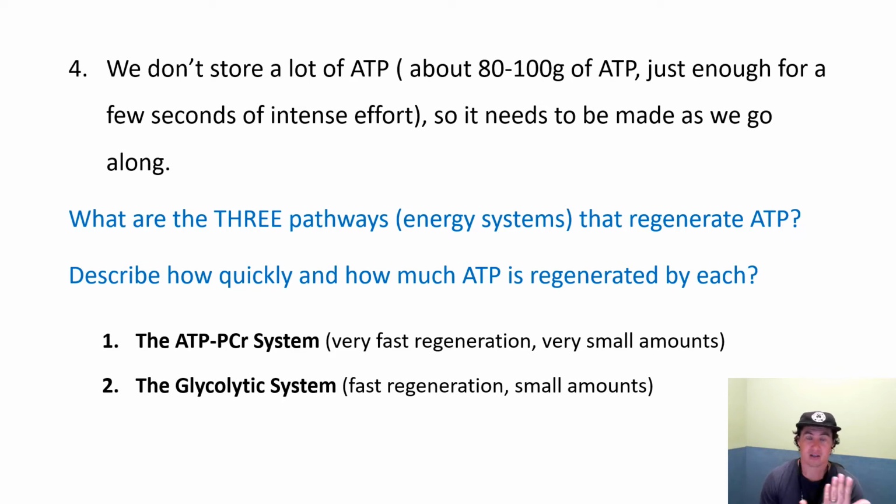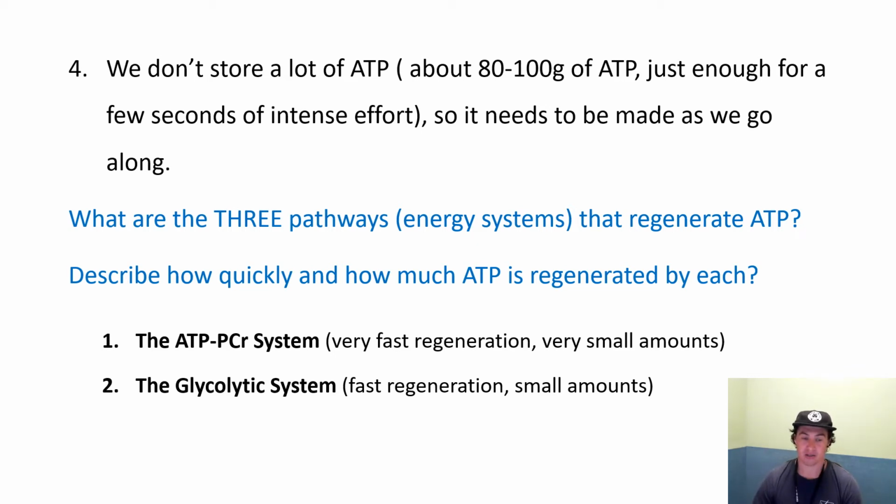The second step, so this is a system that's happening in the background all of the time, but during intense bouts of exercise, this will be the predominant energy source for the next 90 seconds. So it's our glycolytic system. It's an anaerobic pathway, just like step 1, where we don't require oxygen. It's the really quick regeneration of ATP, again, only small amounts.